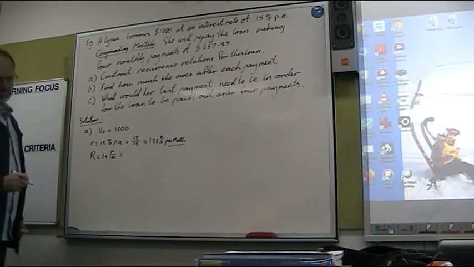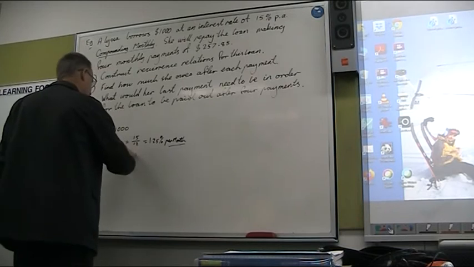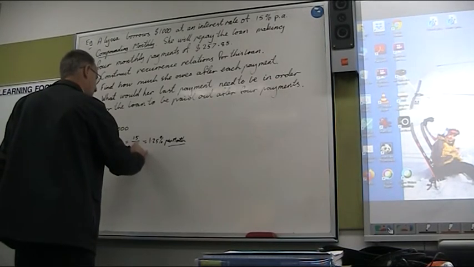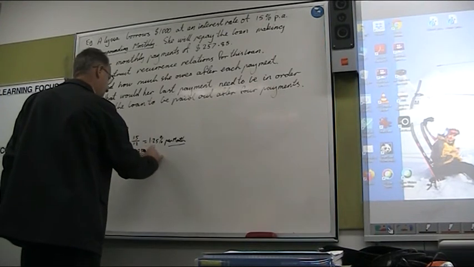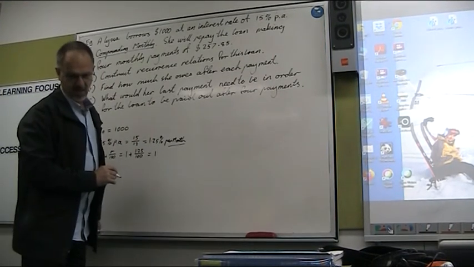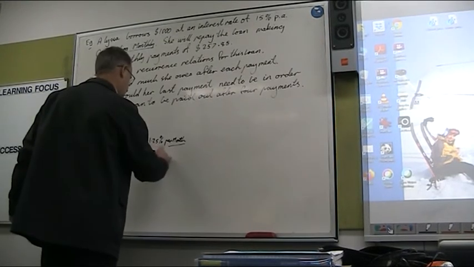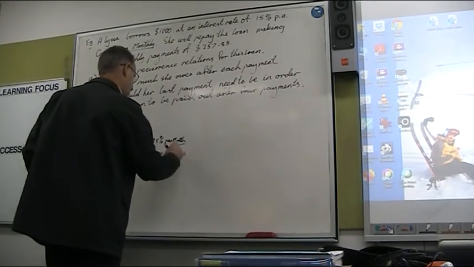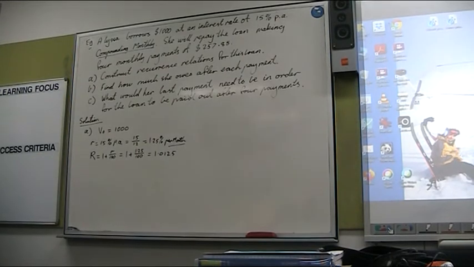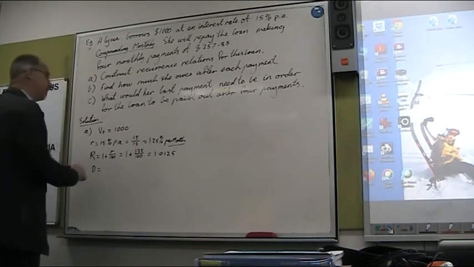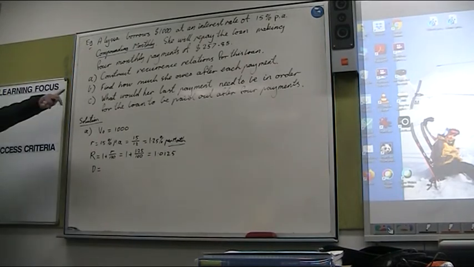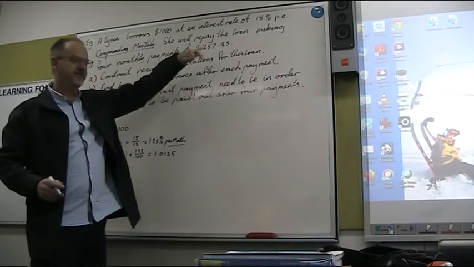So that is 1 plus 1.25 on 100, and because I've prepared one earlier, it's 1.0125. And D, our payments, I nearly forgot our payments, are 257.85.